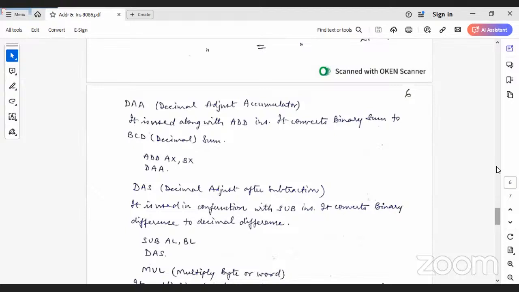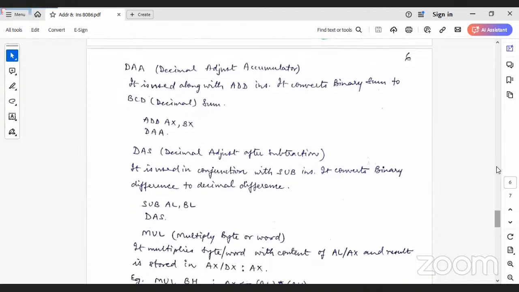Now, I have shown it in the example also, you can see there, subtract AL comma BL means BL is subtracted from AL, AL minus BL, and then after getting the result it is decimal adjusted by DAS.